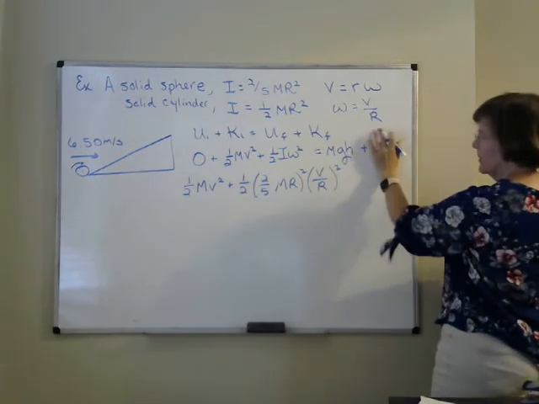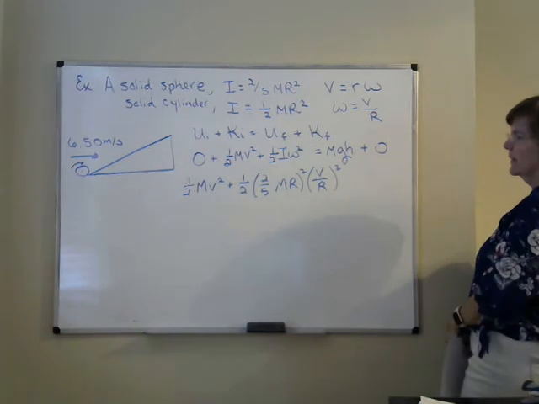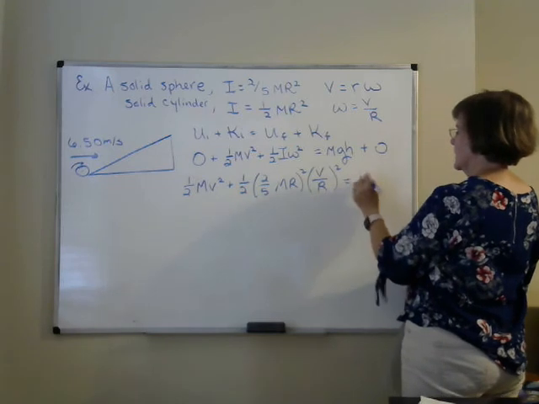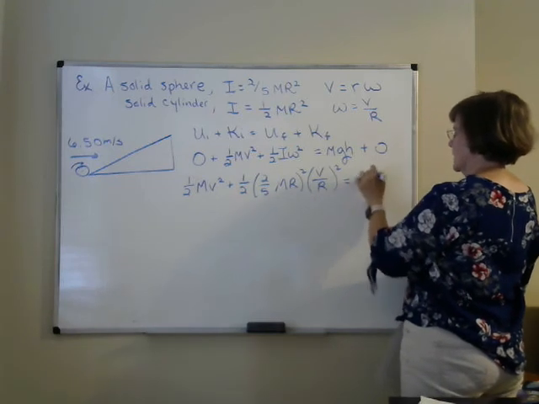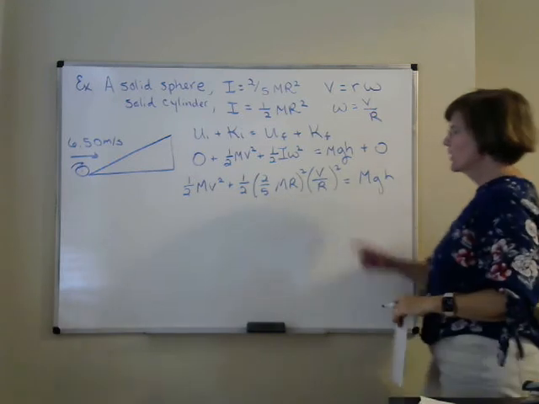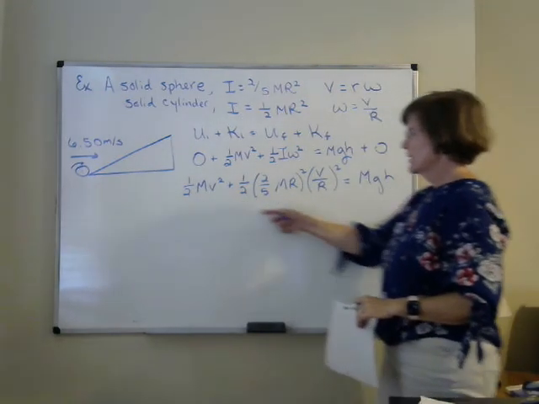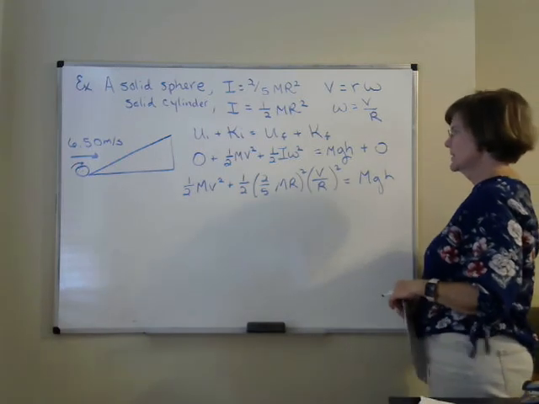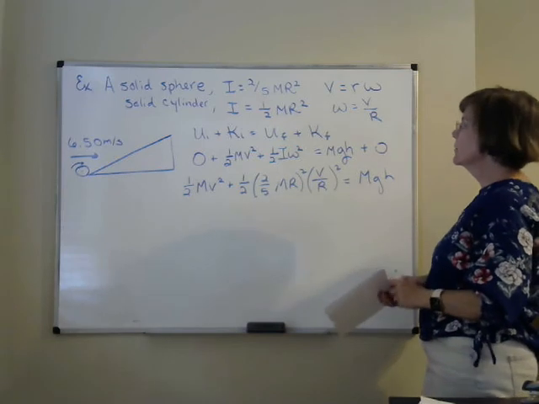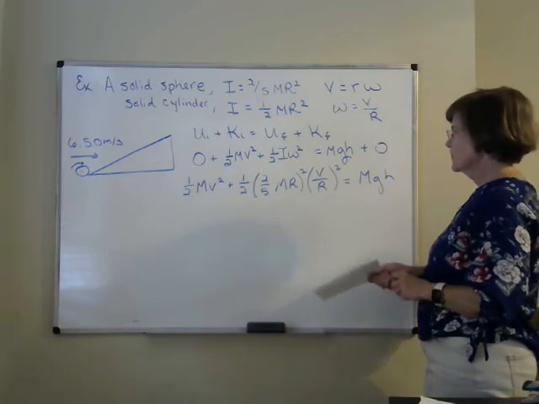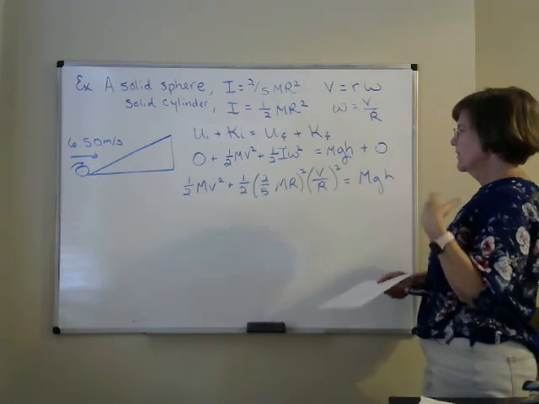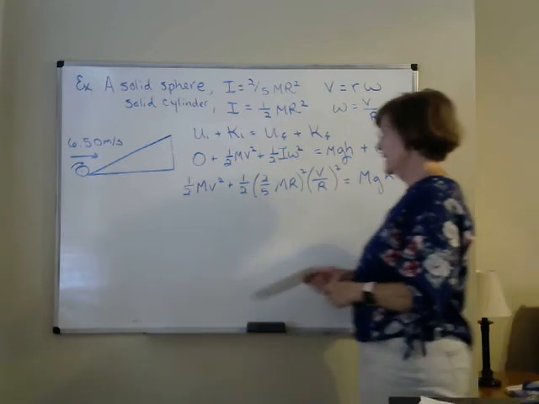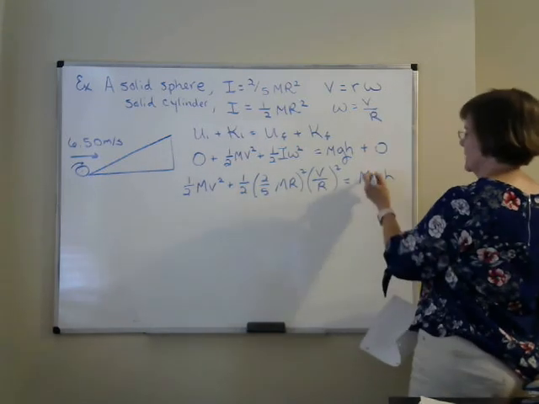And this equals mgh. So it will stop when all of this kinetic energy has turned into this potential energy. And I can actually get numbers on this, because I'm trying to solve for H. I know V. The R's are going to cancel out. So let's just keep going. The M's cancel out.